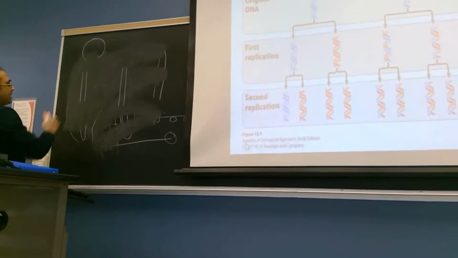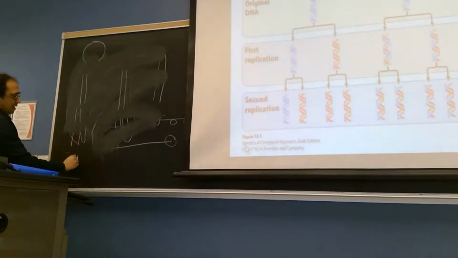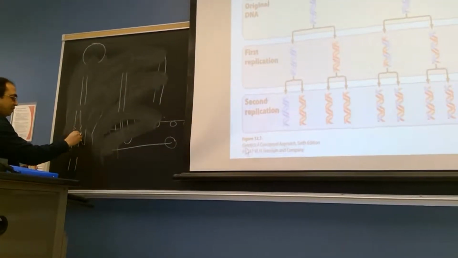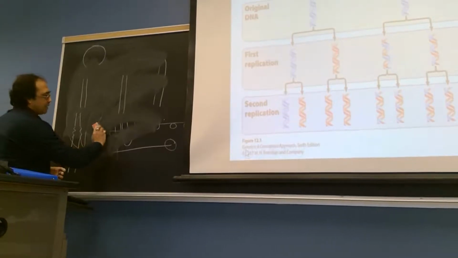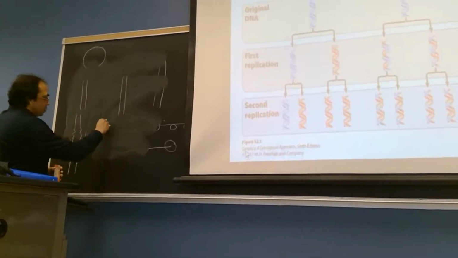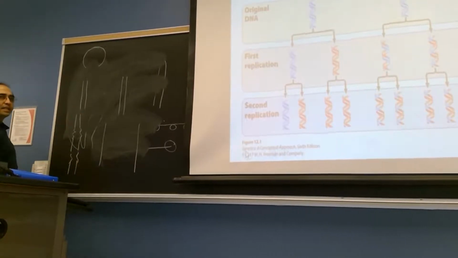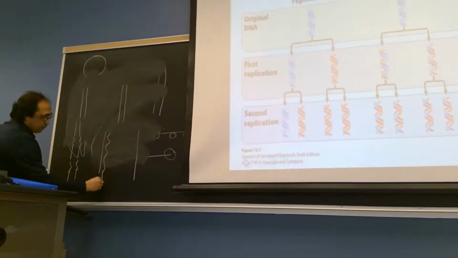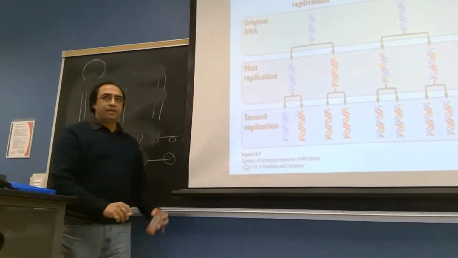Or the parental DNA can be broken up into pieces and new DNA formed there. Or the 2 parental strands separate, and new DNA is formed on each. These are 3 concepts.